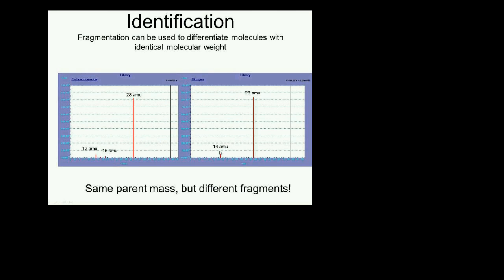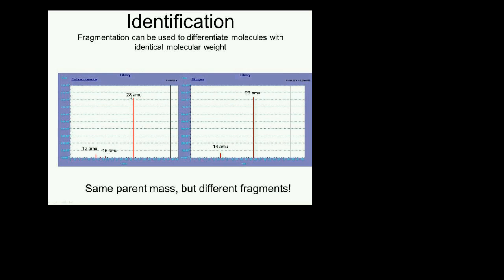Nitrogen, on the other side, N2, two nitrogen 14s, also shows up at 28 AMU, and it fragments, but when it fragments, it breaks into N+, and N+ has 14 AMU.